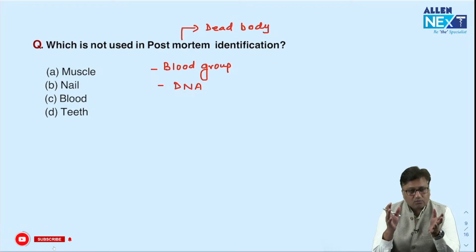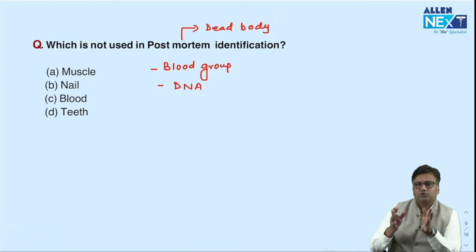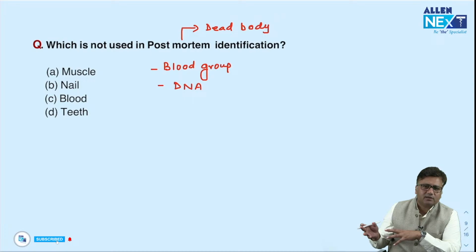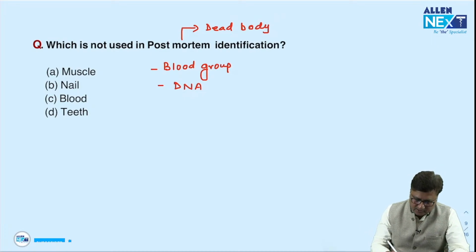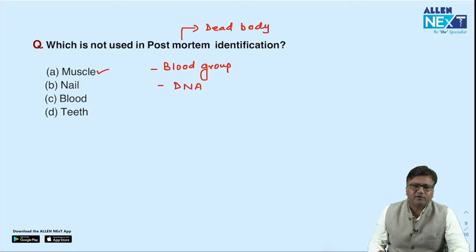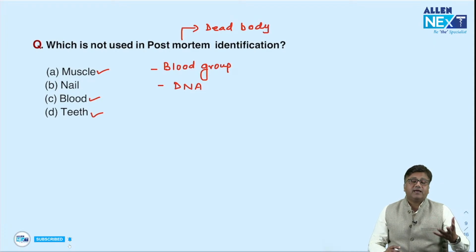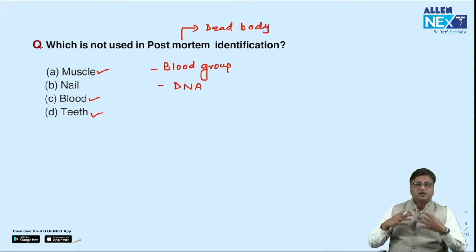Now, do you think the answers which are given as options in the question may be helpful in identifying a person based upon his blood group, antigen or DNA property? The answer is simple, yes, we can use muscle for that kind of identification if needed. We can use blood, and we can use teeth also. Teeth can identify a person in two ways.